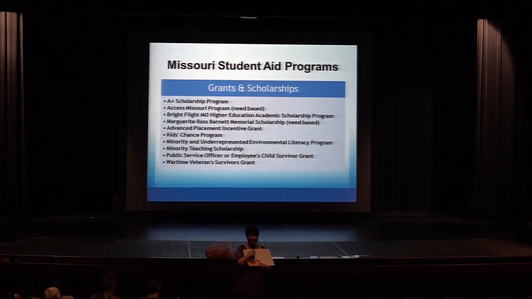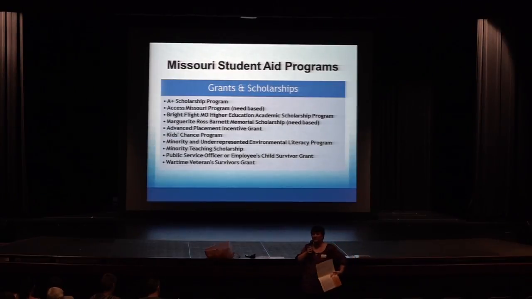I'm not going to go into that because I know you're very familiar with the A+ information. If you have questions about it later, I can attempt to answer those. But the main grant where the big money is, is our Access Missouri Financial Assistance Program, on page 35.